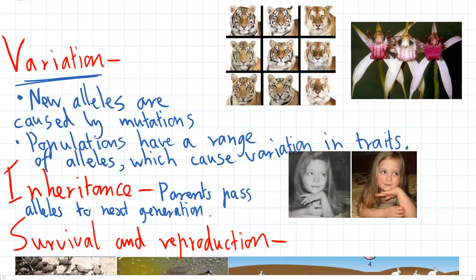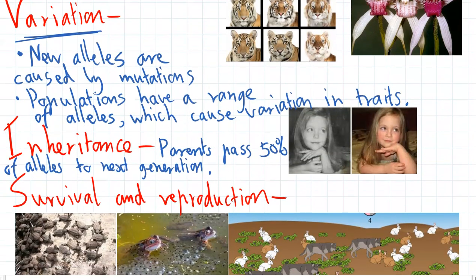So the mum passes 50% and the dad passes 50% at random. And that's mixing up the gene pool, and it's causing variation every time there's a new generation, because there's not just different alleles, but the way that alleles are combined together is different every time someone breeds and has children.